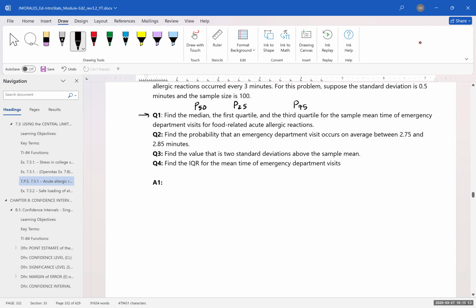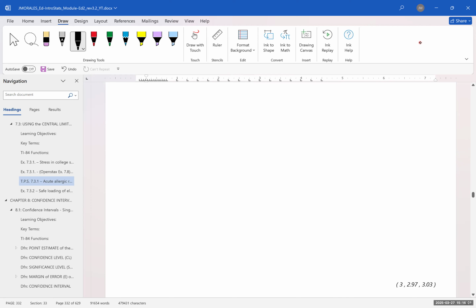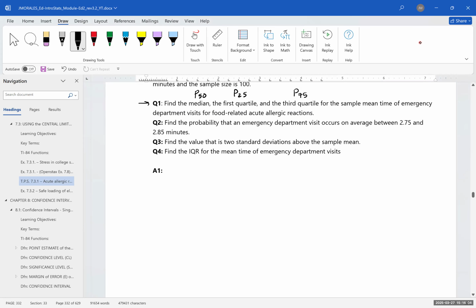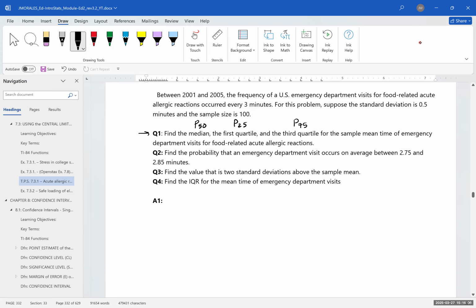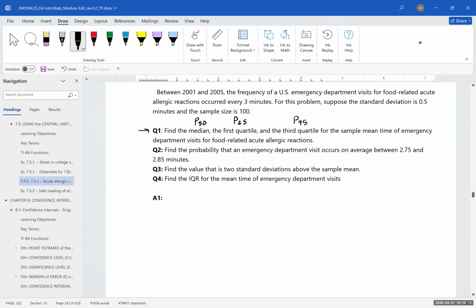All right. And again, let's go ahead and draw. Let's put down what our given information is. Between these years, this looks like all U.S. emergency department visits, so this looks like a population.